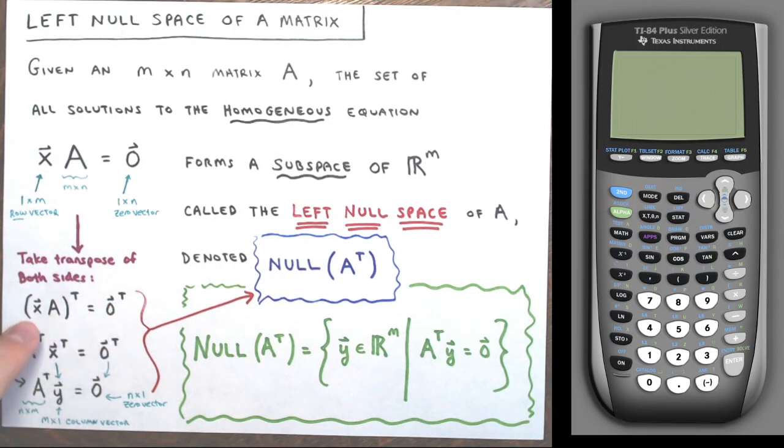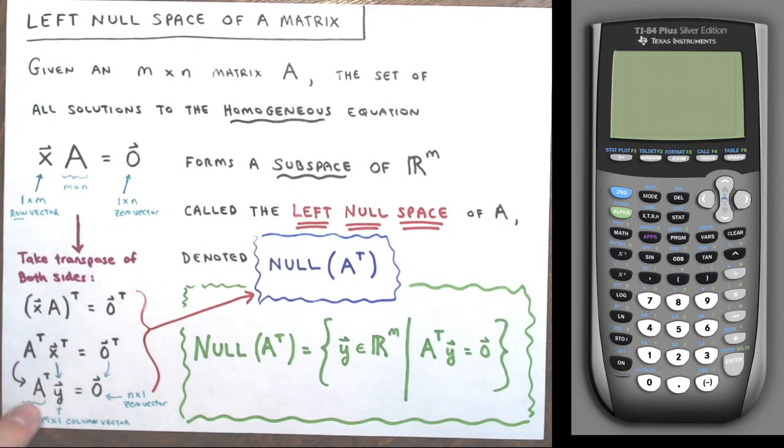Remember, the transpose of a product of two matrices is the transpose of the second times the transpose of the first. They're equivalent. So now this equation is equivalent to A transpose times x transpose, which before was a row vector and now is a column vector, equals the column vector with all zeros.